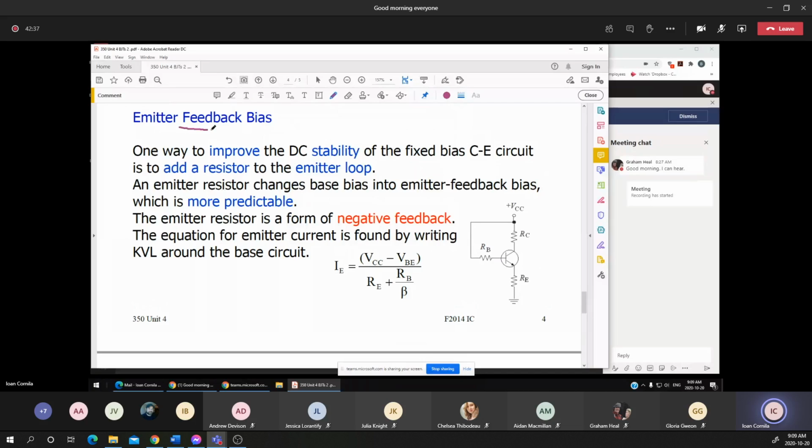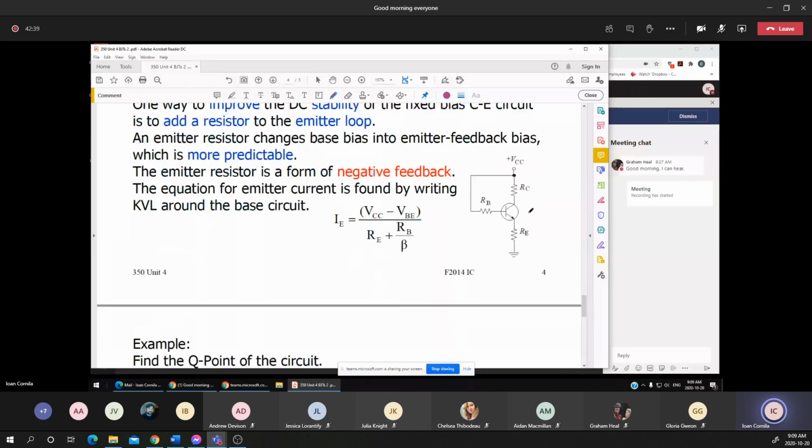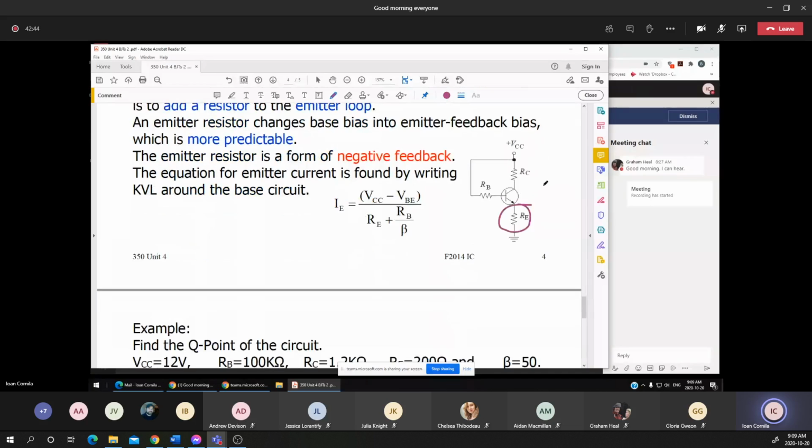Again, emitter feedback refers to the resistance that is added into the emitter of the transistor, which will compensate the change in the beta as the temperature is increased or decreased.